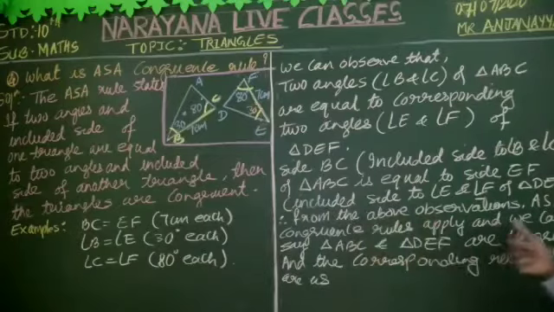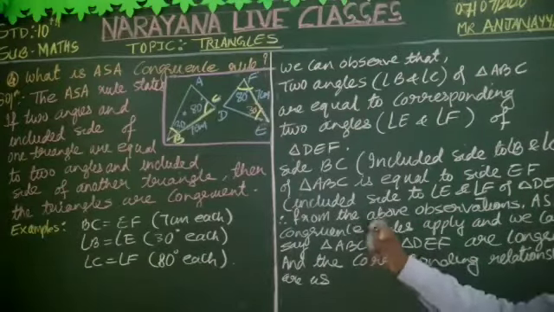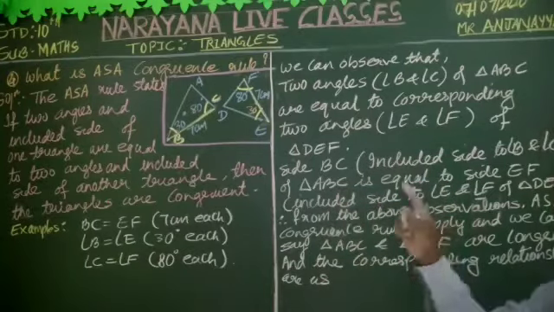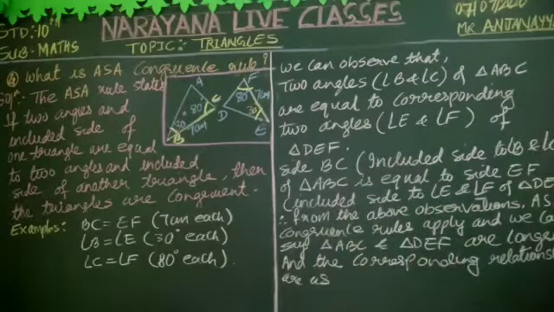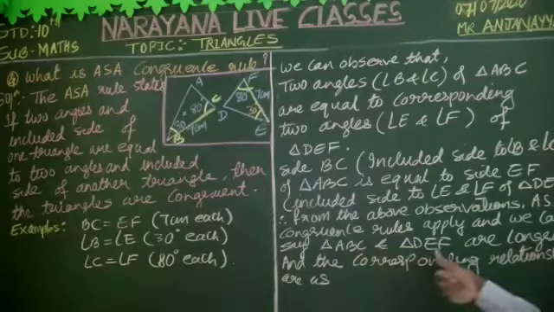Therefore, from the above observations, we can say the two triangles follow the ASA congruence rule, and triangle ABC and triangle DEF are congruent.